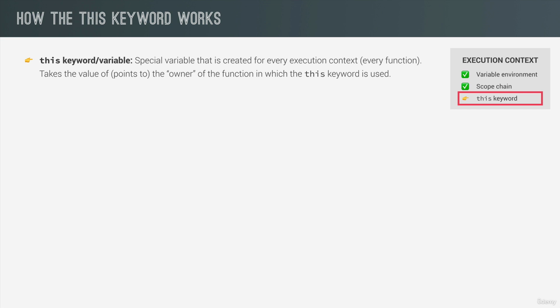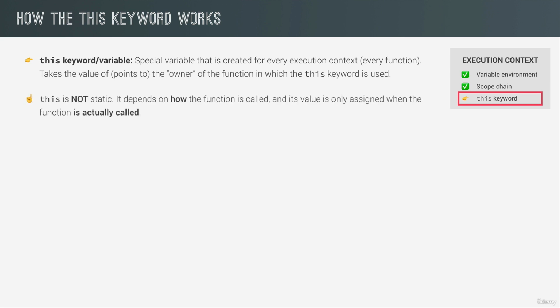For now, what's very important to understand is that the value of the this keyword is not static. So it's not always the same. It depends on how the function is actually called, and its value is only assigned when the function is actually called. So it's very different from a normal value in this regard.